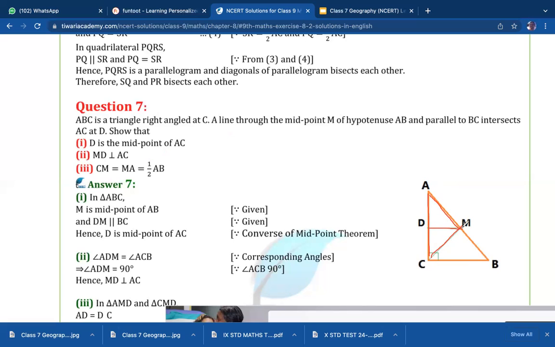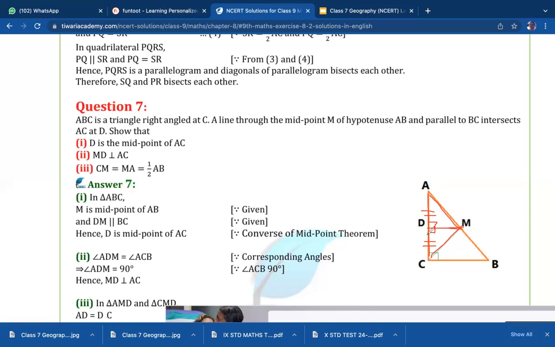This part is already AD is equal to DC. We know that DM is common, and since it is perpendicular, angle ADM is equal to angle CDM, 90 degrees. So, which rule do you have to use? You have to take SAS.